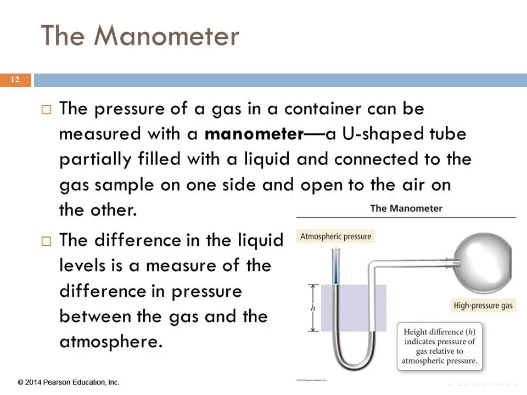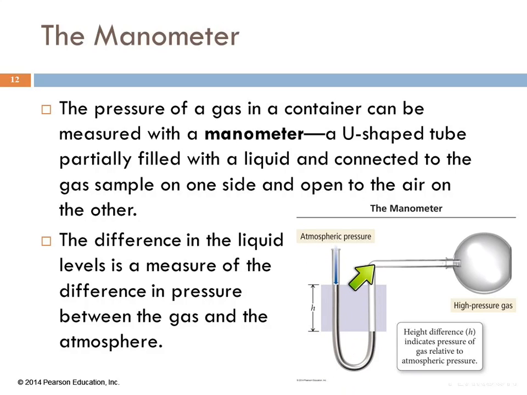The manometer looks like this. It's a manometer. Barometer measures atmospheric pressure. Manometer is used to measure pressure in a container. So here we've got a container of some sort that has a gas in it, and we have a U-shaped tube that has mercury in it.